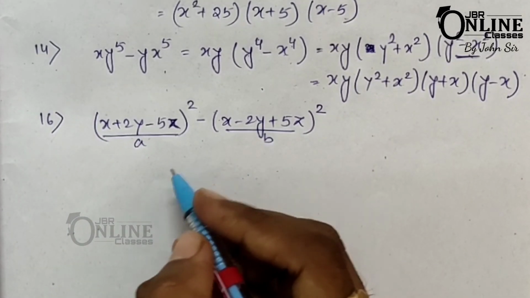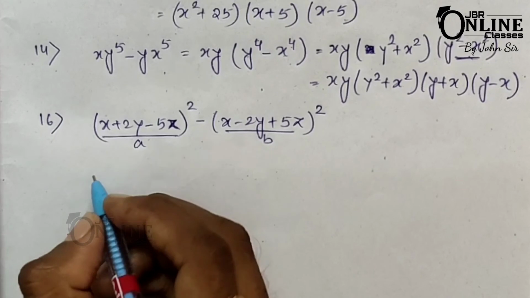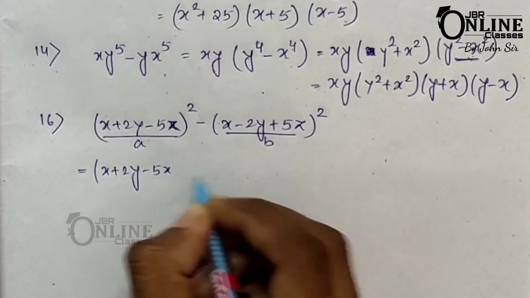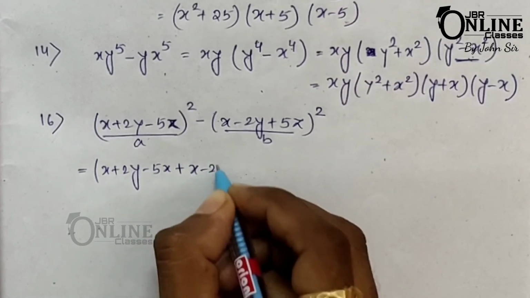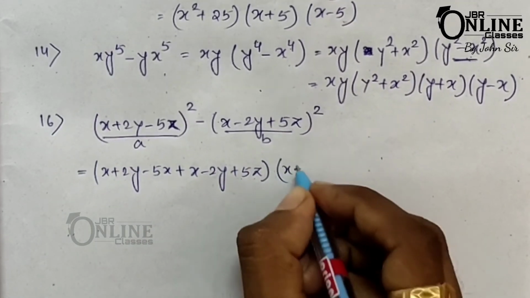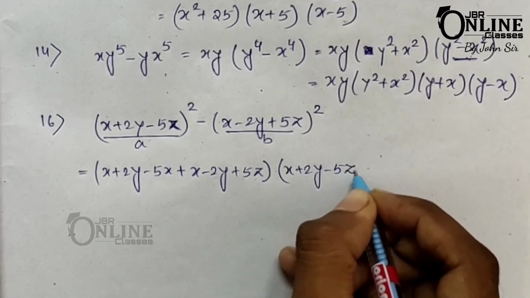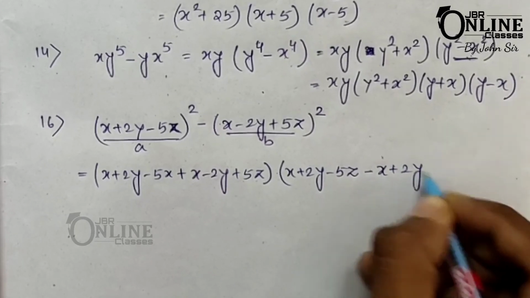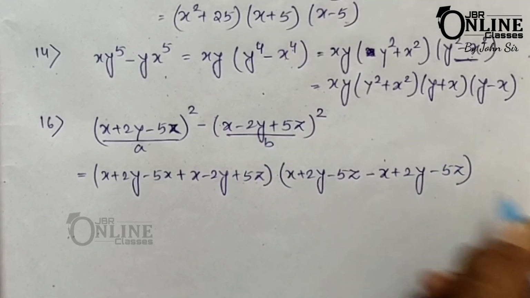So here you can apply the formula a square minus b square. So first write down a, then plus, then b. b means x minus 2y plus 5z. Now next one, first write down a and then minus b. So minus x plus 2y minus 5z.